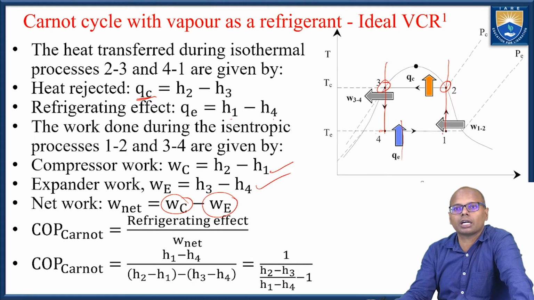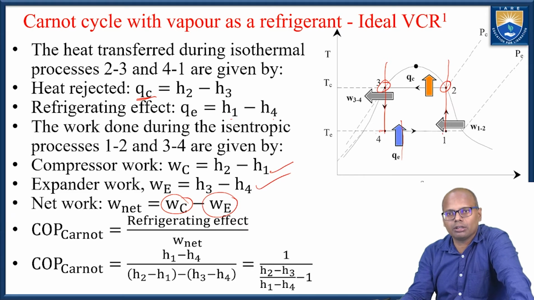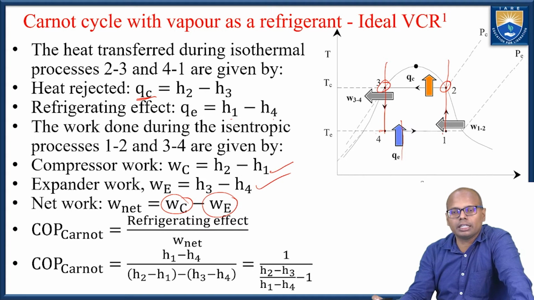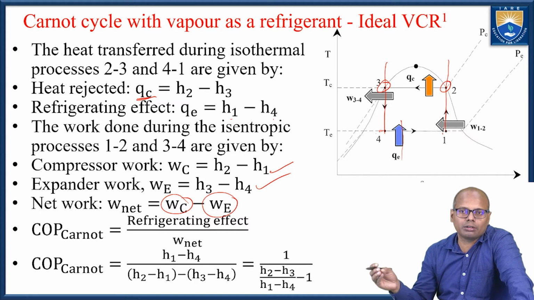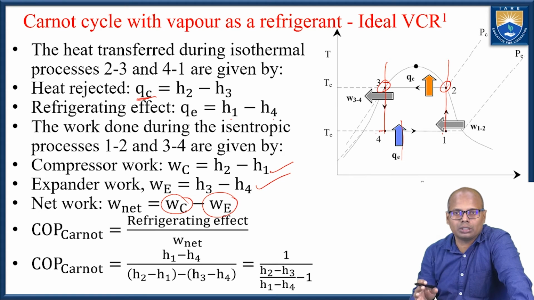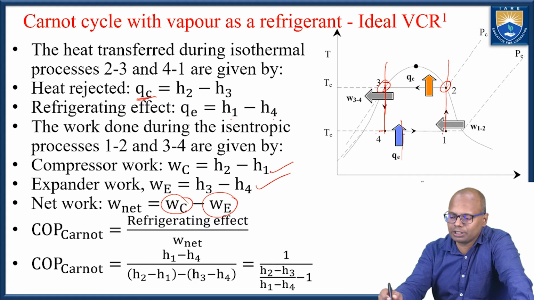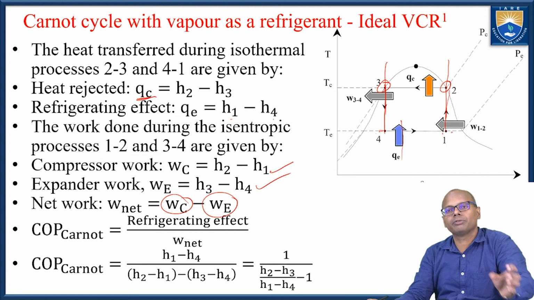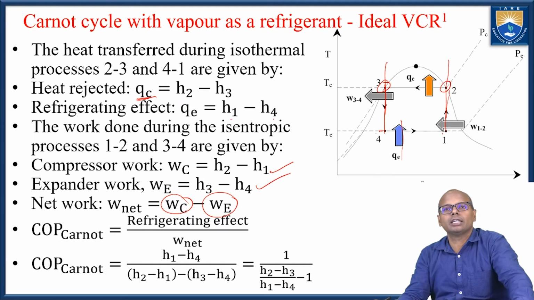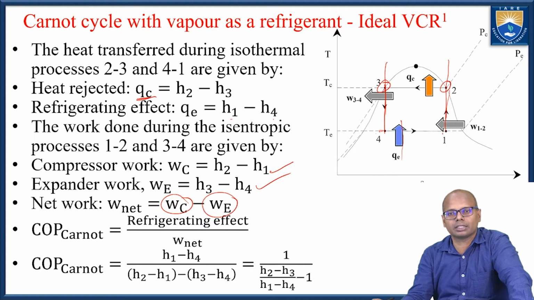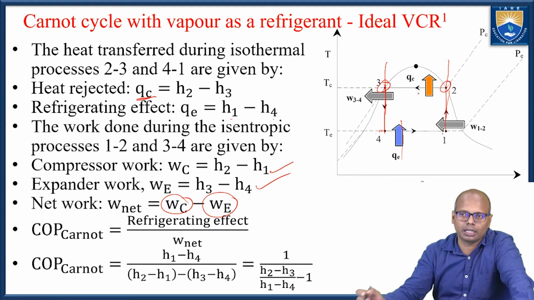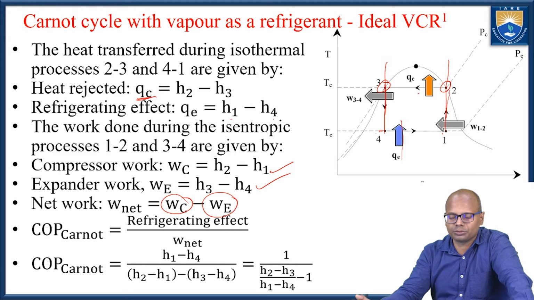Even though I have an expander or turbine, the amount of work I have to supply is more than the work given by the expander. Since here it is the liquid side and this is the vapor side, the work produced by the expander is very less when compared to the work required by the compressor. So that is the reason what we will do.